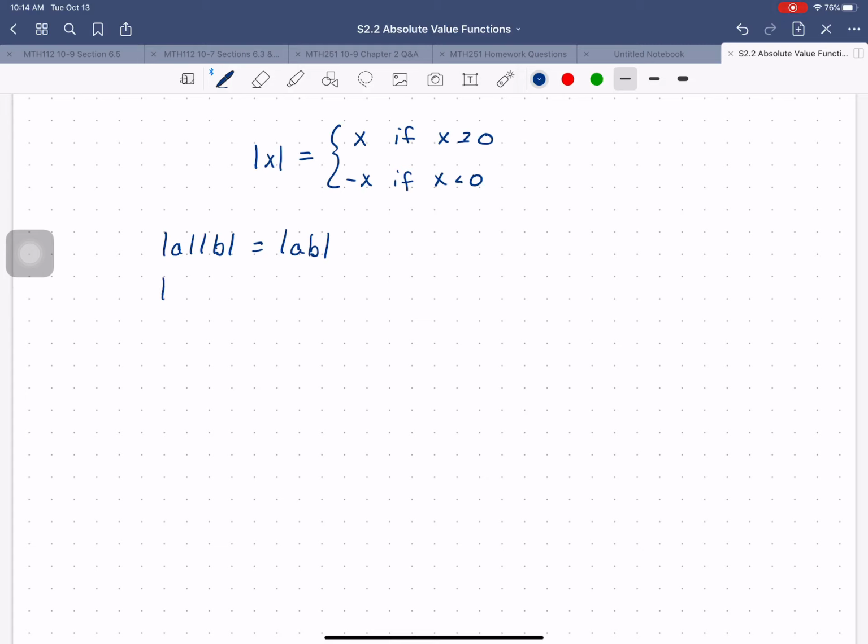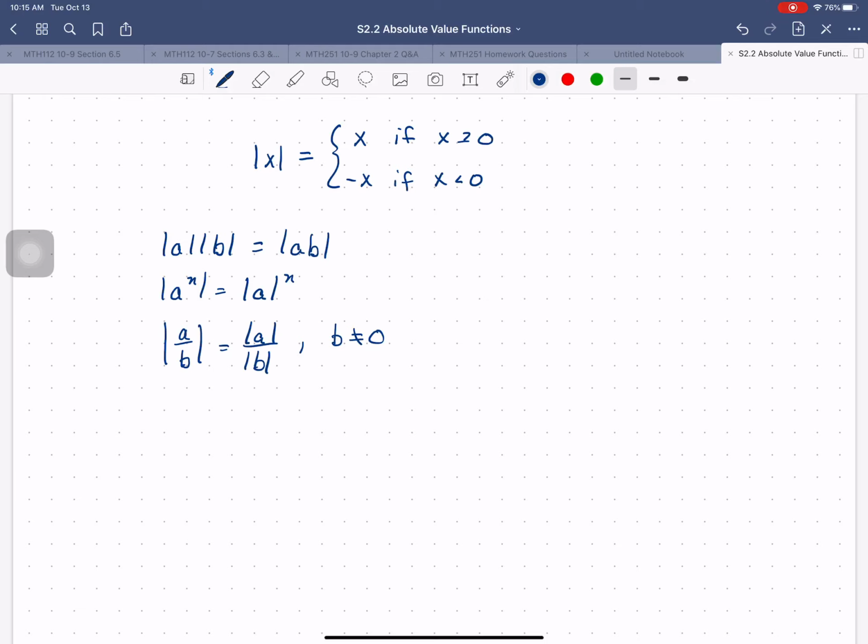We can apply exponents inside or outside, in other words, either before or after we take the absolute value. And we can do the same thing with quotients, because quotients are really the same thing as products. The only caveat when we divide is that b cannot be 0, because we can never divide by 0.